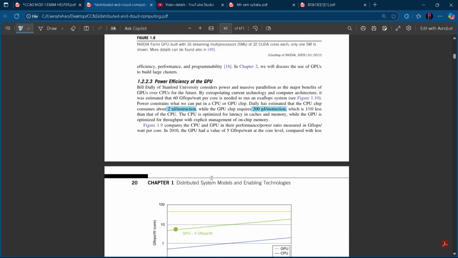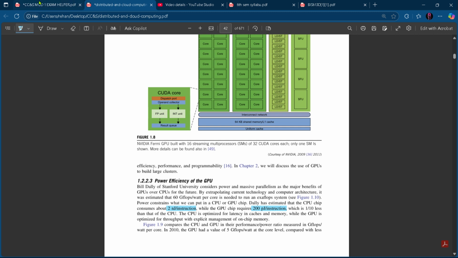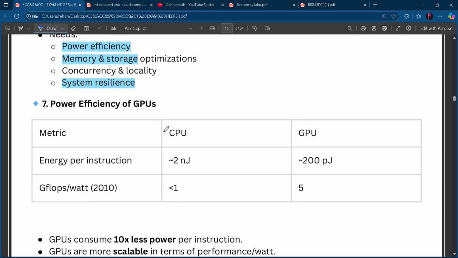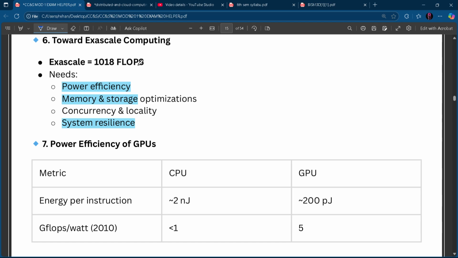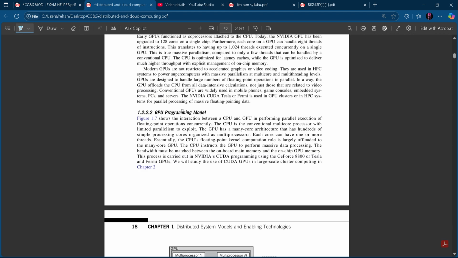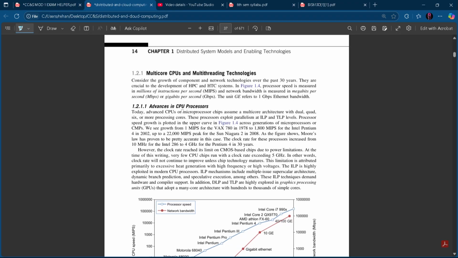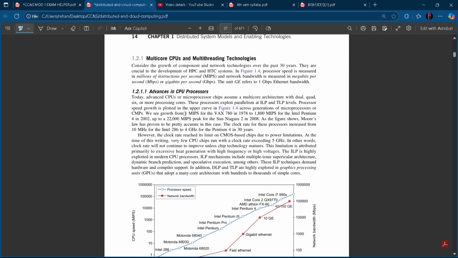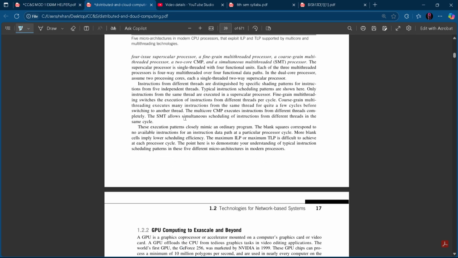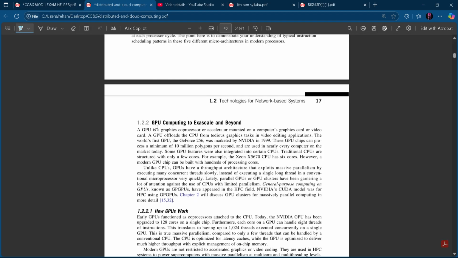As soon as you complete this, you have power efficiency of GPU. Before this you have this. See here, power efficiency of GPU. Towards exascale computing, exascale 10^18 flops needs power efficiency, memory and storage management, concurrency and locality, and system resilience. This was the heading we saw. So if you want to improve the quality of your technology, see here, GPU computing excels.